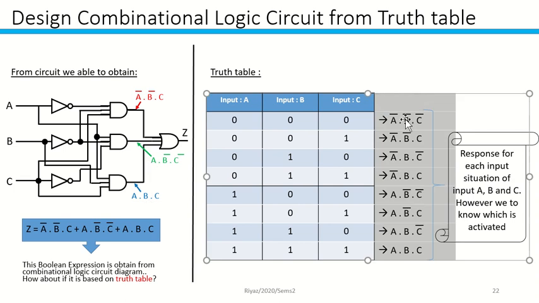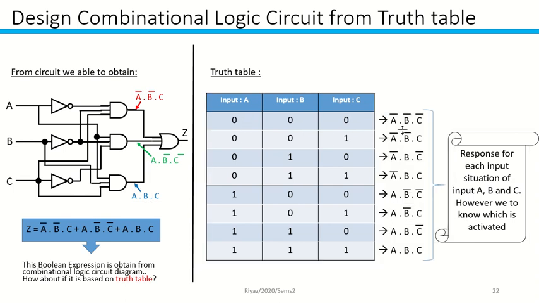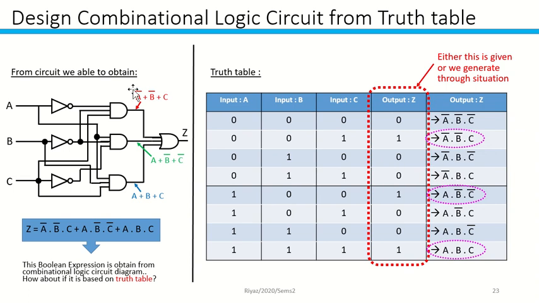And then you're going to have, for this one, 0 0 0 becomes A bar dot B bar dot C bar. 0 0 1 becomes A bar dot B bar dot C, and so on until you get 111 equals A dot B dot C. So this is the response for each situation of input A, input B, and input C. But we cannot use everything. We need to know which one is going to be activated. That depends on the situation, let me finish this one.